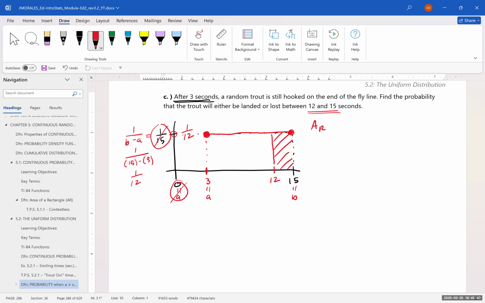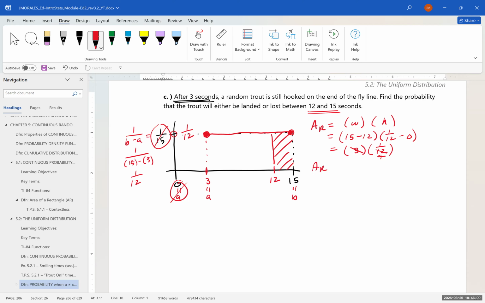The area of the rectangle is going to be width times height. The width is going to be 15 minus 12. And the height is going to be 1 over 12 minus 0. So that's 15 minus 12 is 3, times 1 over 12. 3 goes into 12 4 times.